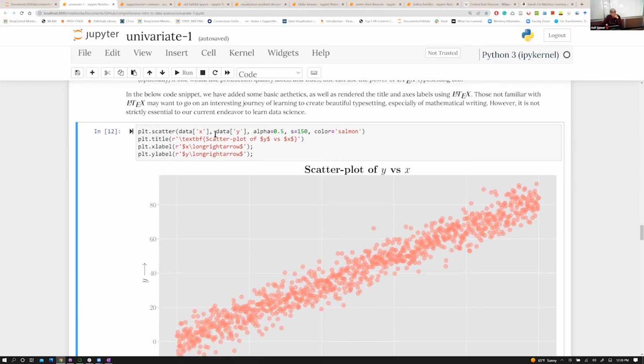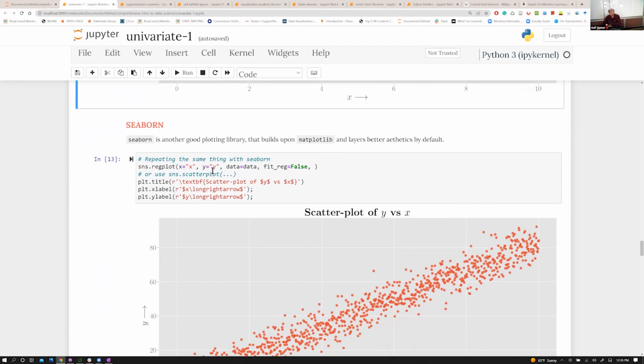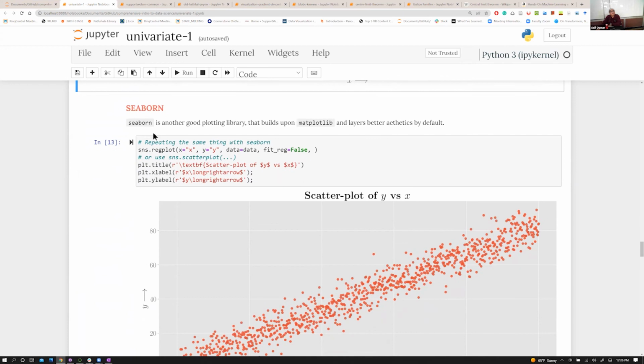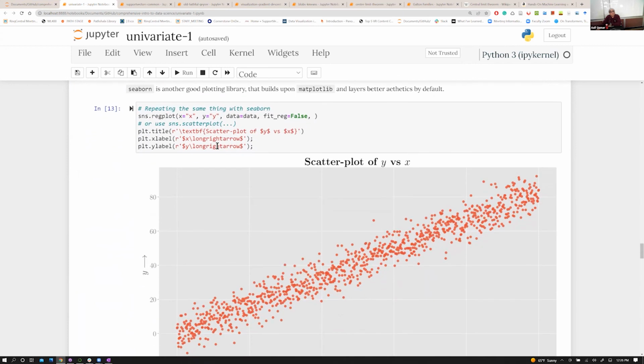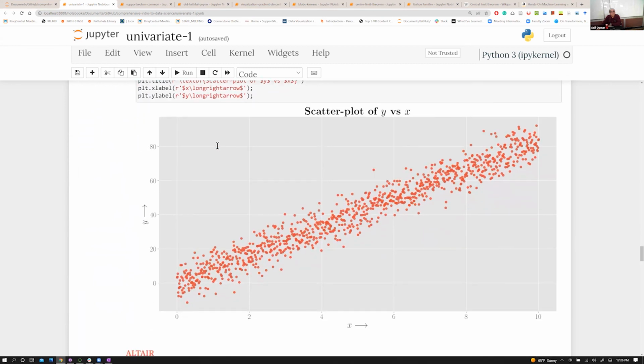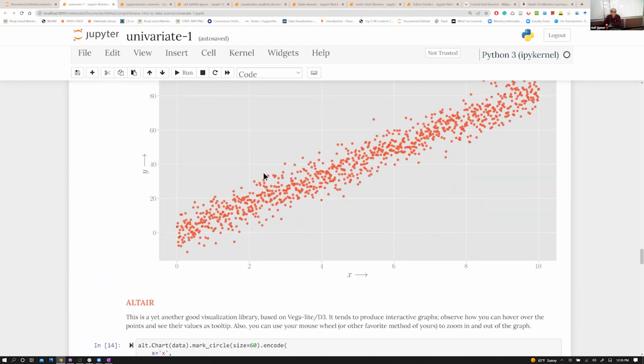So here we go. This is it. Now we can do it. There's another visualization library in Python. So there's actually so many visualization libraries that after a little while, your head will start spinning. Now there's one called Seaborn, and it claims to be better than Matplotlib. Well, here is the same thing done in Seaborn, and I'll let you decide whether you consider it better or not.